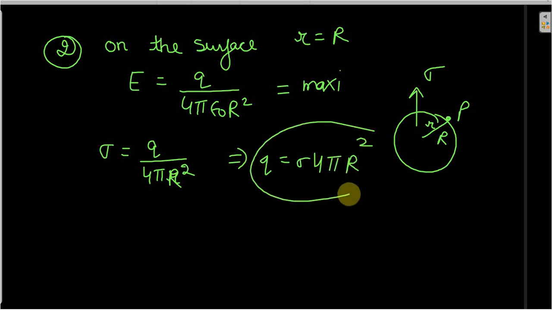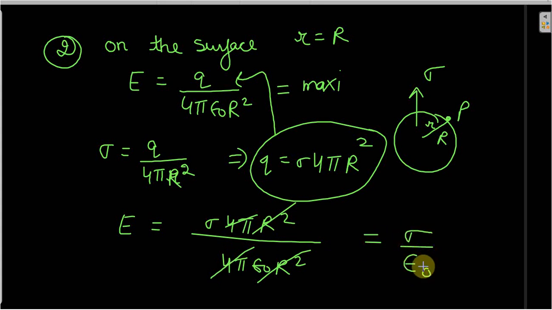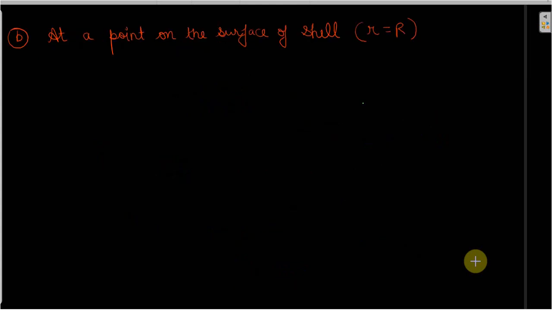Now substitute this value here, and you will get the electric field expression in a different form: sigma 4 pi R square over 4 pi epsilon naught R square. R square cancels, 4 pi cancels. So finally you will get the electric field on the surface of the spherical shell in terms of surface charge density, sigma by epsilon naught.